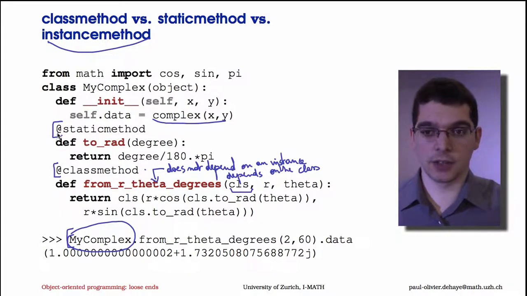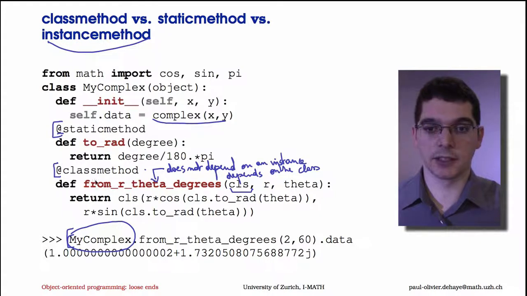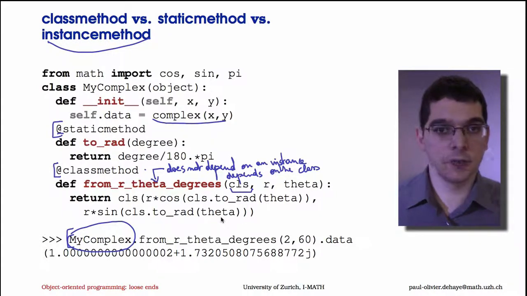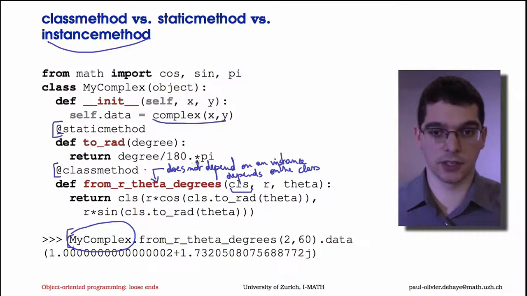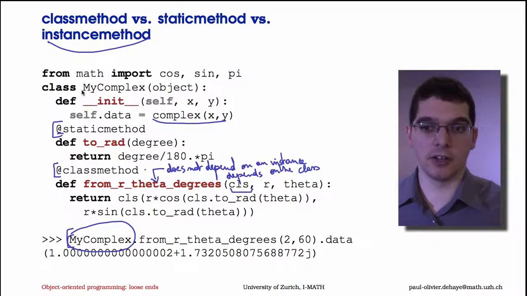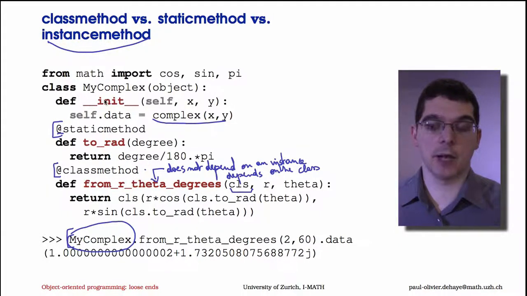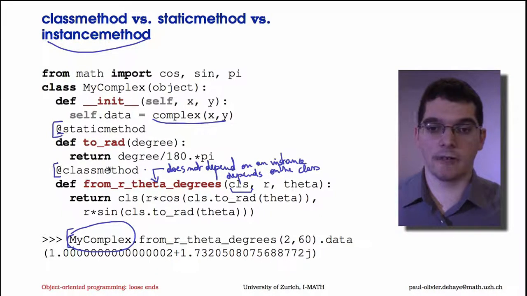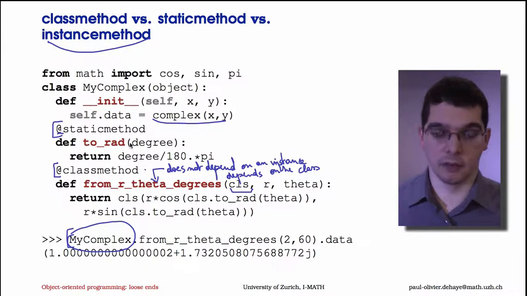And there is also here the static method, toRadians. And toRadians is just a utility function if you want. It's a utility function that just converts from degrees to radians, okay, so using this formula. And it makes sense to have it in the context of the class myComplex because this is where it will be used. But it doesn't need to have all the magic that Python usually puts in methods of the class, of binding, of a bound method.